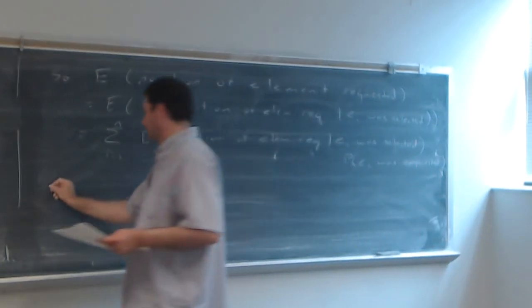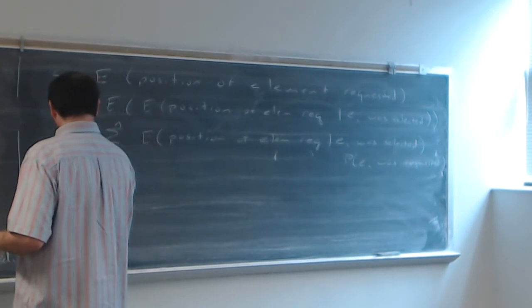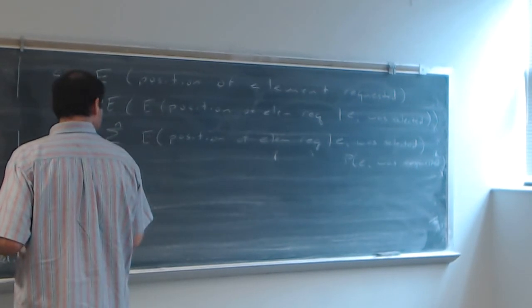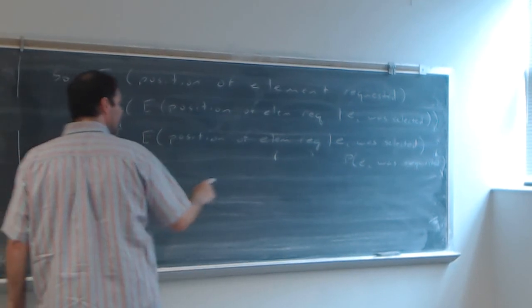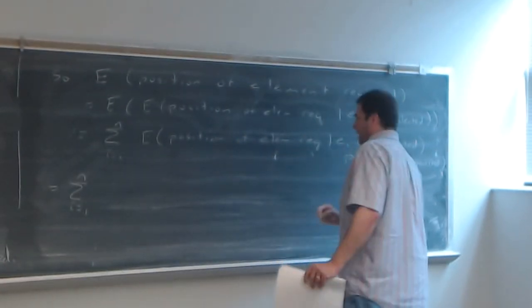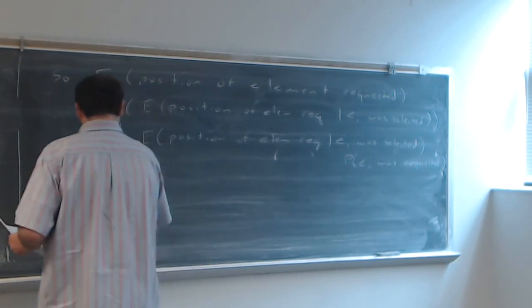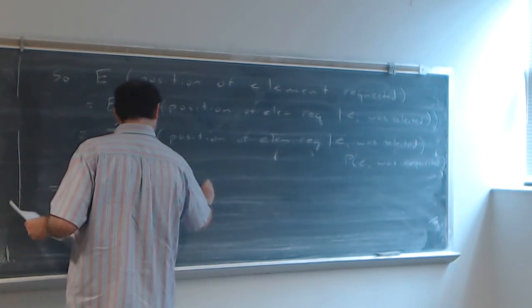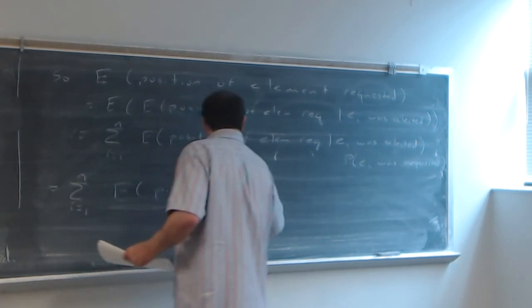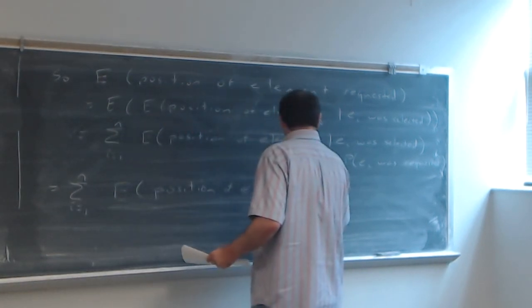That's equal to the sum as I runs from 1 to n. Given that E_I was selected, the position can be rewritten as the position of E_I, given E_I was selected.